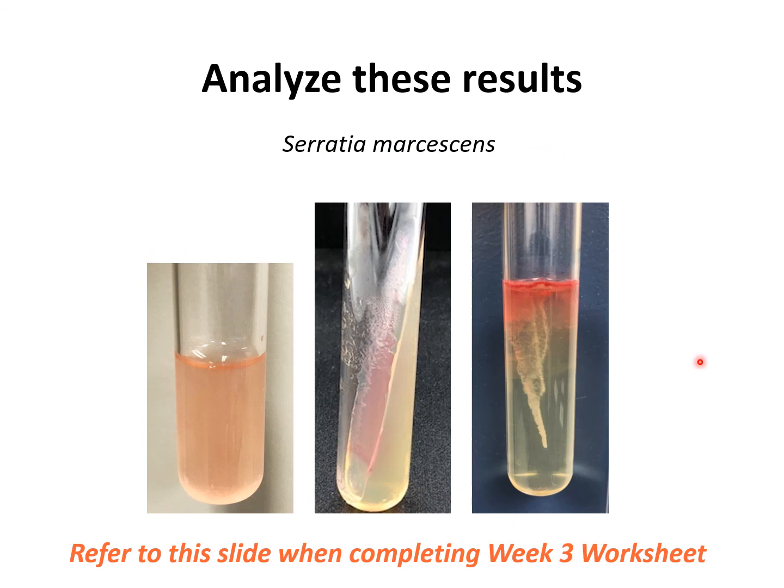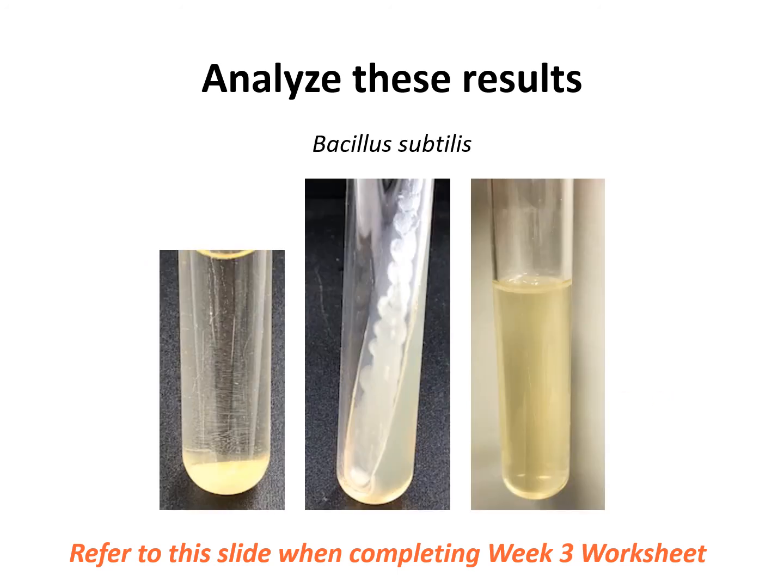Okay, so you're going to be given pictures like this. You have your deep. You can tell that this is a deep because you can see where the needle, where you stabbed it. Here's the slant, here's the broth. So you're going to take a look at the growth patterns, and you're going to answer a few questions on your worksheet.